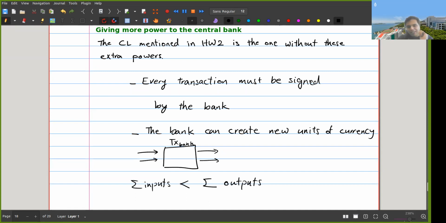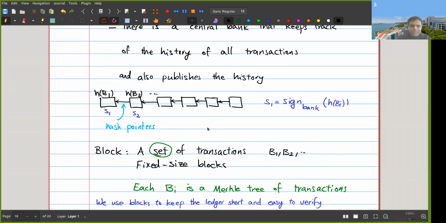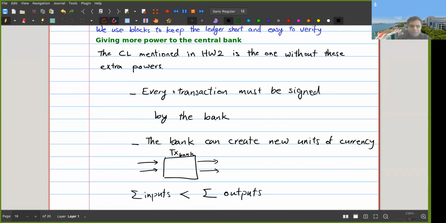But actually, the kind of control that they have is so massive that it's nothing similar to Bitcoin or Ethereum. So I just wanted to show you that even though this is not great, we can still make it even more centralized, and we can give the bank even more power. And this is actually what's been implemented in the real world.